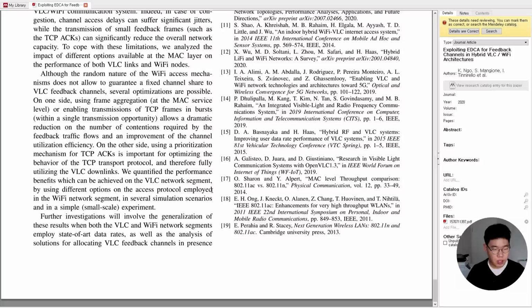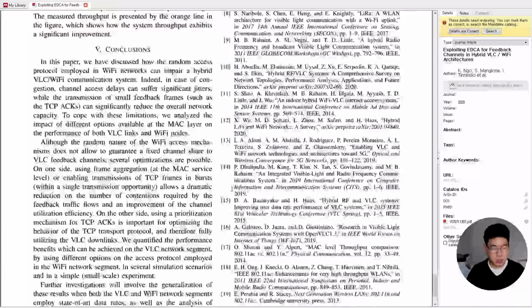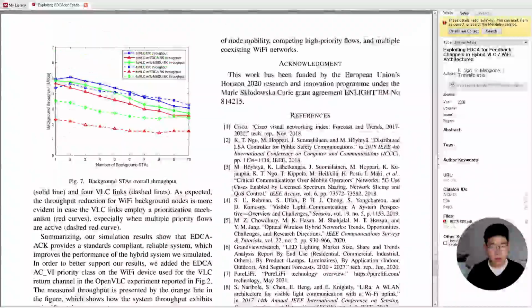Further investigation will involve the generalization of these results when both VLC and Wi-Fi network segments employ state-of-the-art data rates, as well as the analysis of solutions for allocating VLC feedback channels in presence of node mobility, competing high priority flows, and multiple coexisting Wi-Fi networks.